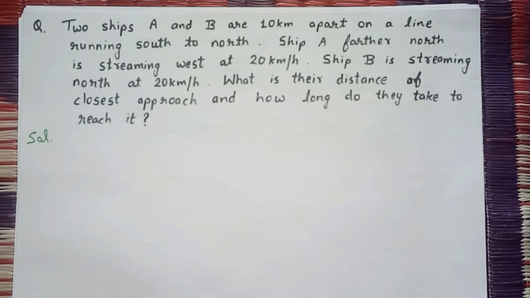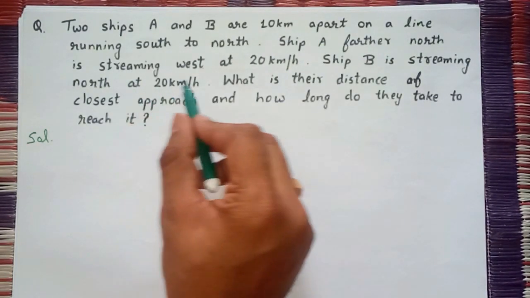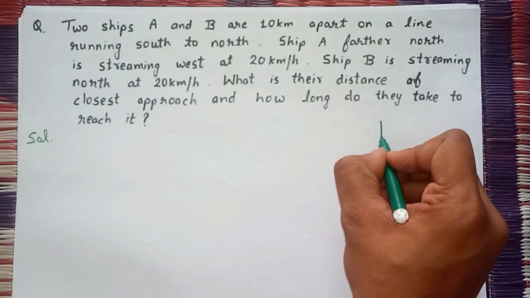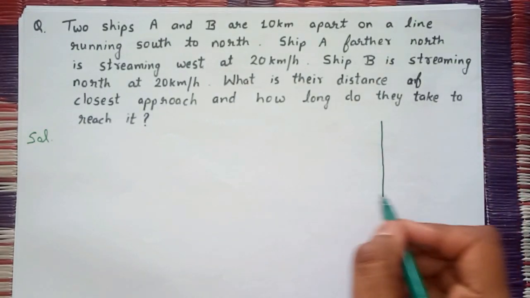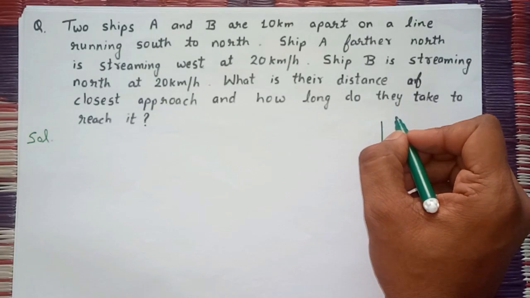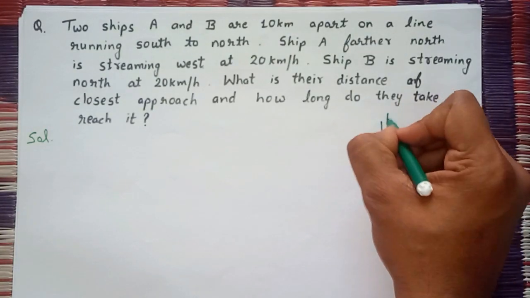Our next question is: two ships A and B are 10 km apart on a line running south to north. Suppose this is a line, and there are two ships on this south to north. This one is south and this one is north.